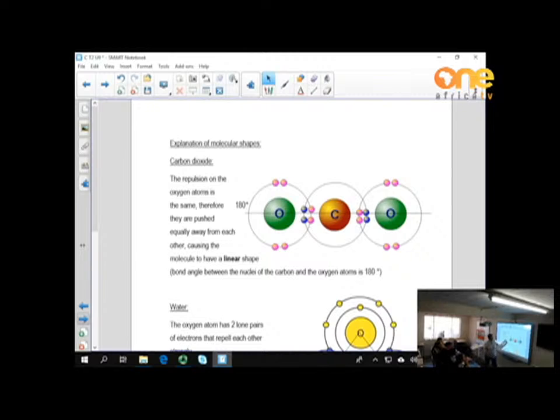All right, and it will push the angle between the oxygen, carbon, oxygen into a straight line there. So the repulsion of the oxygen atoms is the same. Therefore, the bond angle is 180 degrees, forming a linear shape. Very important, the name of the shape.